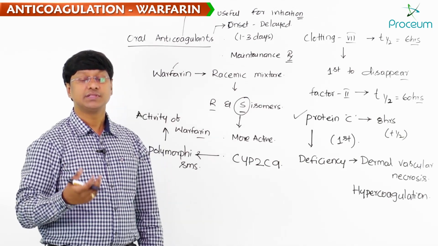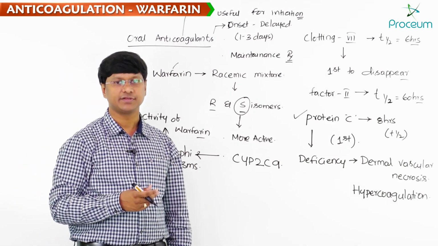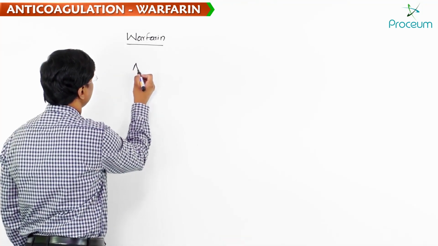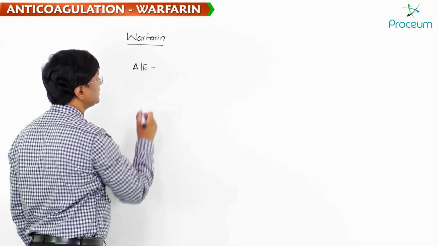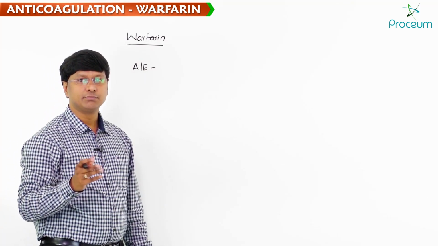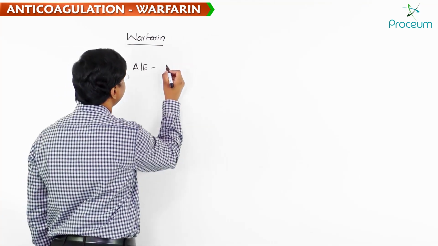So now let me tell you the adverse effects of warfarin and how you treat them. Remember, whenever there is a warfarin overdose, the most common adverse effect of these anticoagulants is bleeding.